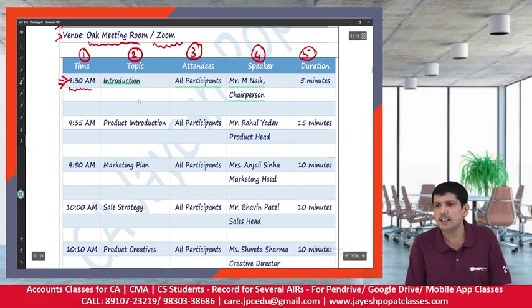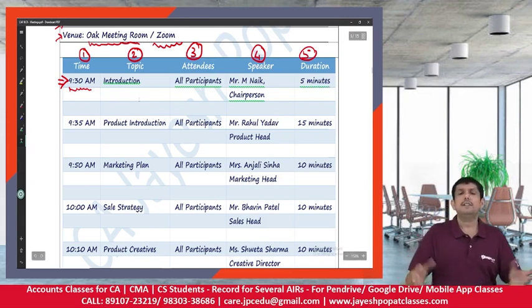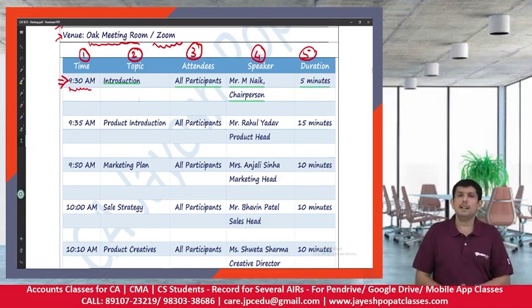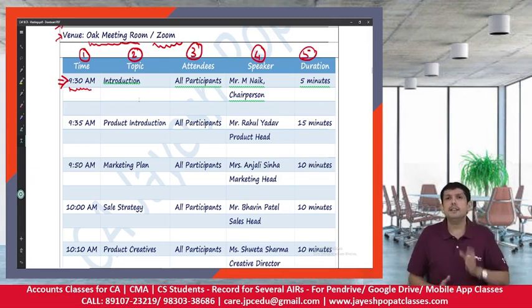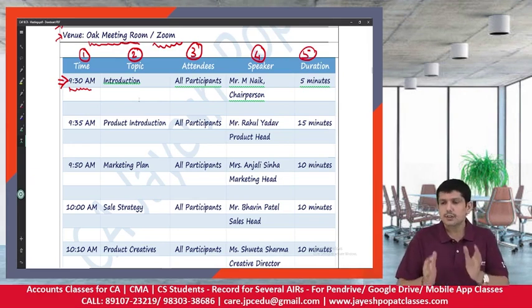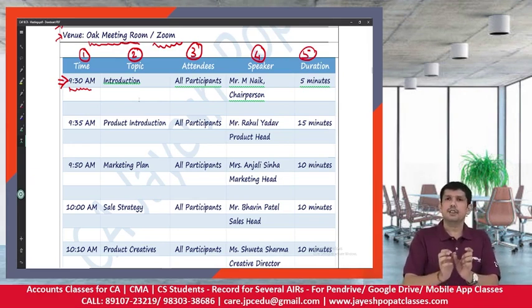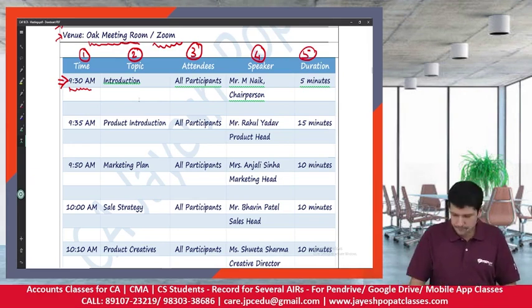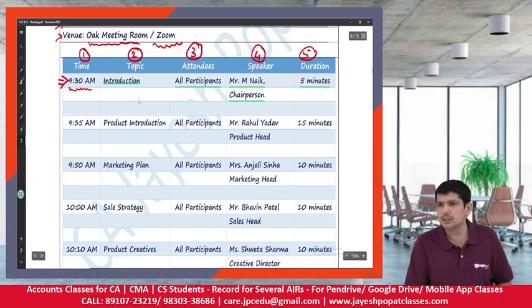The chairperson will give a brief introduction of the purpose. He would say, I welcome you all to this meeting. The purpose of this meeting is to discuss the launch of a new product. So basically a small introduction will be given for the agenda. This will take maybe 5 minutes.